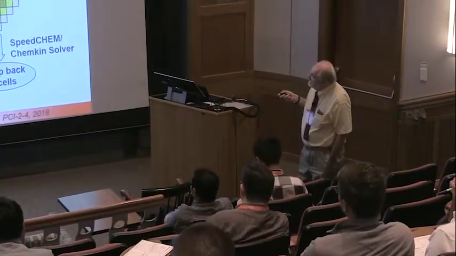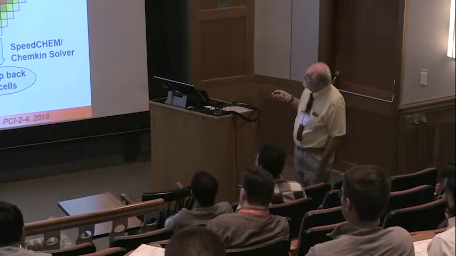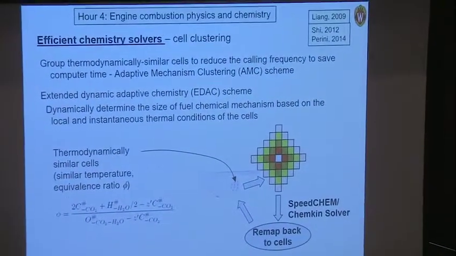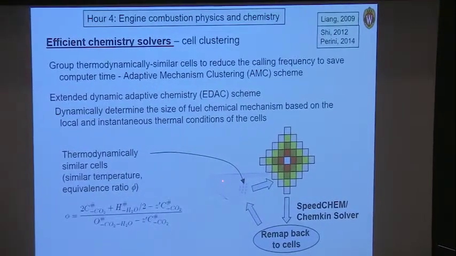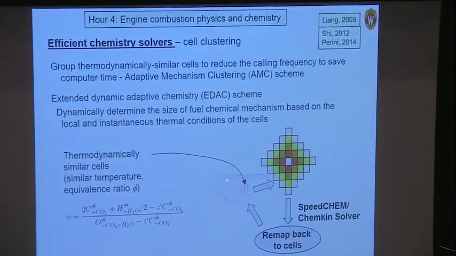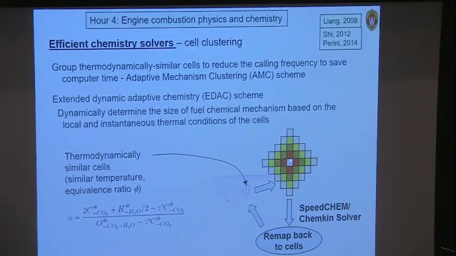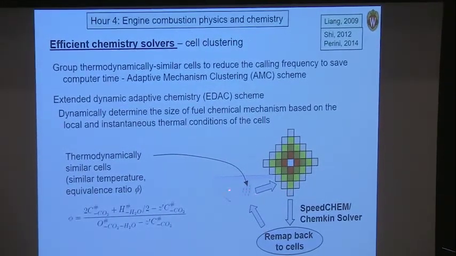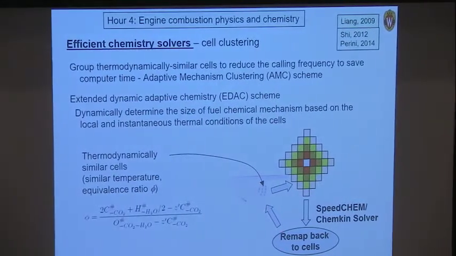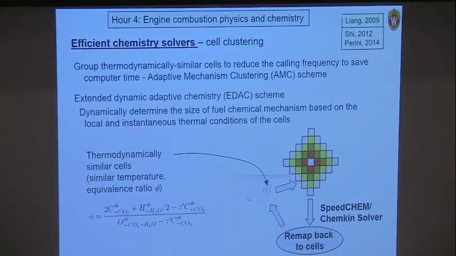And if we, instead of solving them separately, group them together in this adaptive mechanism clustering scheme, so we can grab cells from here, which have very similar temperatures and equivalence ratios and so on, solve them just once, and then remap the solution back to the original domain, we can save a tremendous amount of computer time.